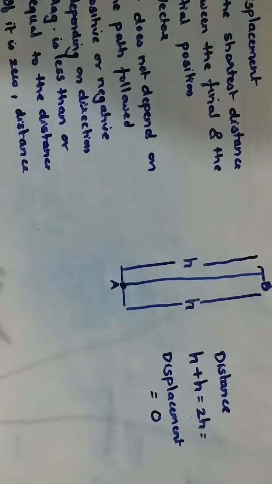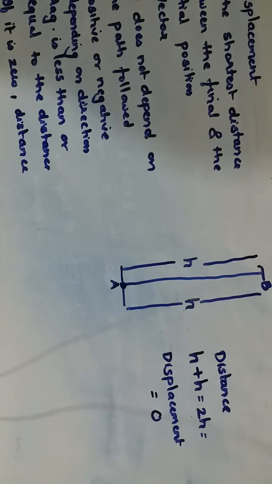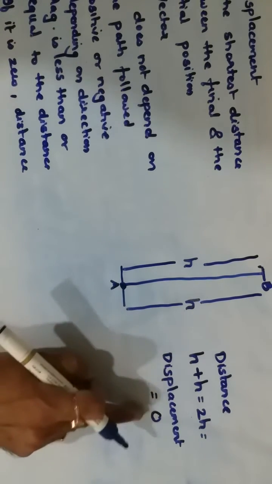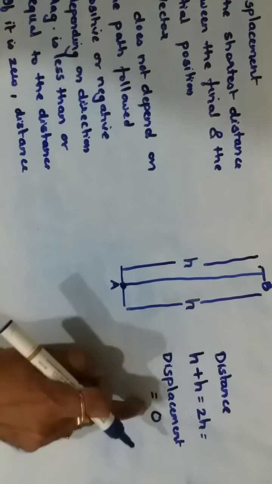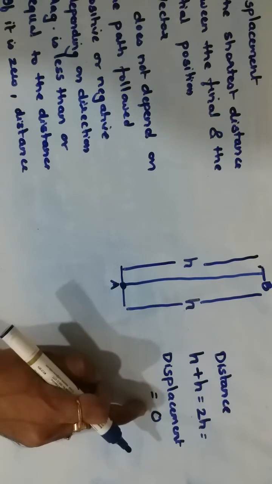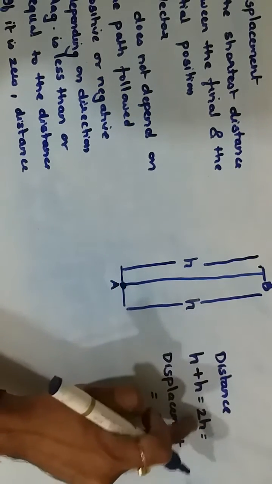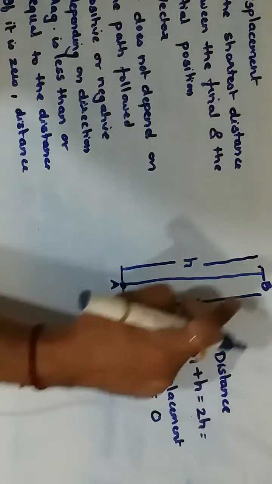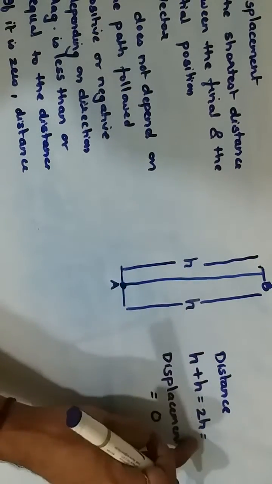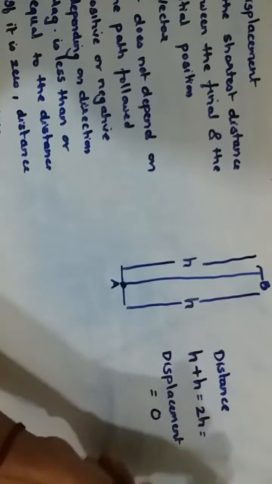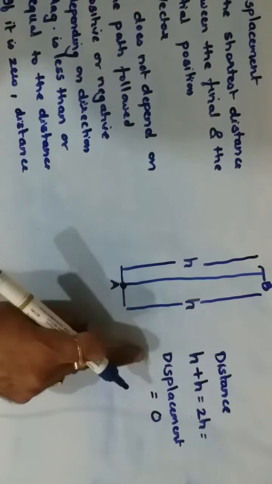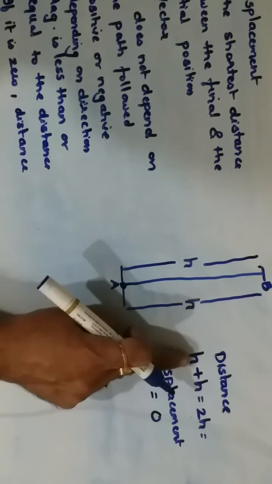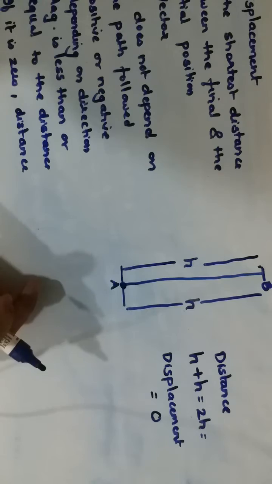That was my sixth point: displacement may be 0 even if distance is not 0. 2 into h, h may be any height, 3 meters, so 2 3s are 6 meters, 2 4s are 8 meters. So displacement can be 0, but the distance cannot be 0.